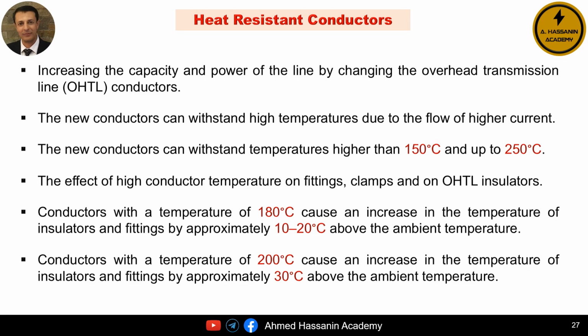When the conductor temperature reaches 200 degrees Celsius or higher, the temperature of the porcelain insulator and its fittings increases by approximately 30 degrees Celsius above the ambient temperature. Hence, it is essential to carefully check the maximum allowable temperature limit for both the insulators and the overhead line fittings. Now, let us learn about the most important types of heat-resistant overhead line conductors.